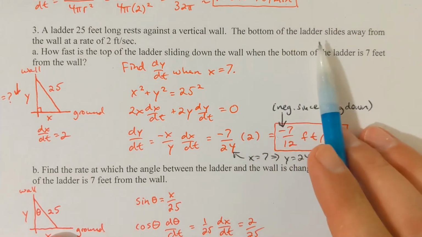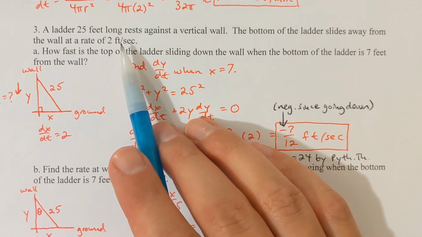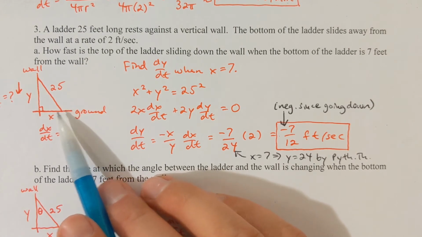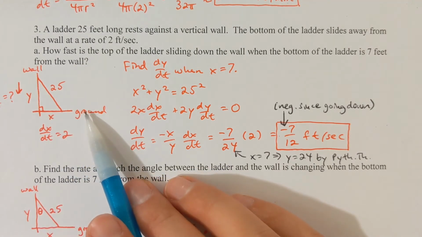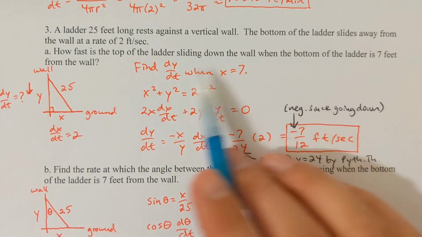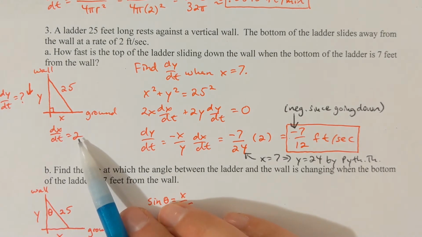Now the bottom of the ladder is sliding away from the wall at a rate of 2 feet per second. x, therefore, is changing. x is getting bigger as time goes on. So in this statement here, they're essentially telling me that dx/dt is 2 feet per second.